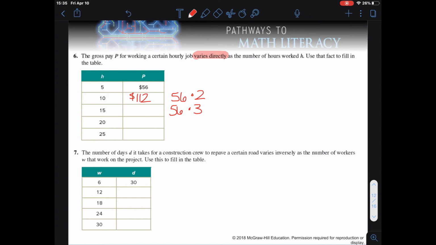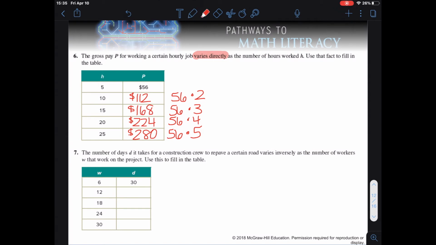So I should take 56 times 3, and I should get paid $168. From 5 to 20, my hours gets multiplied by 4, so the 56 also gets multiplied by 4. From 5 to 25, my hours gets multiplied by 5, so my pay should do the same thing. And I would make $280.